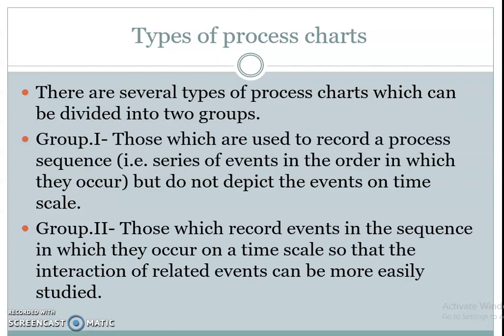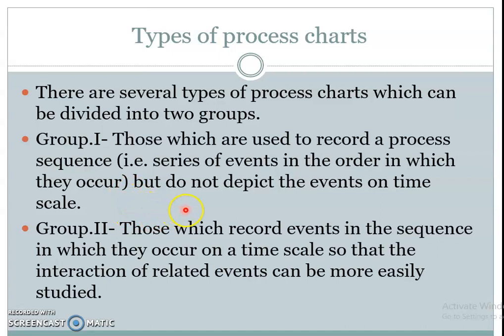There are several types of process charts, which can be divided into two groups. The first group records a process sequence only, but it does not record the time scale. That means only events are recorded without the time scale, but the series is maintained in the order in which they occur.